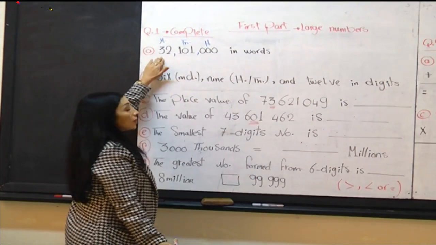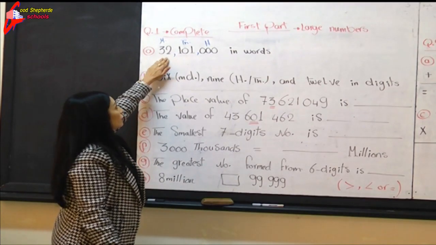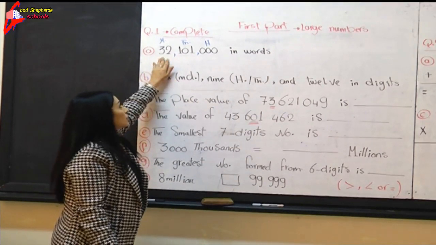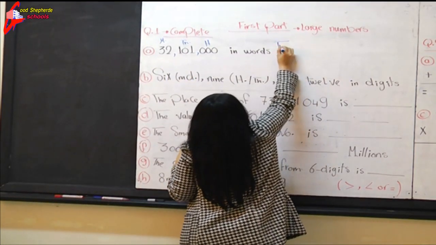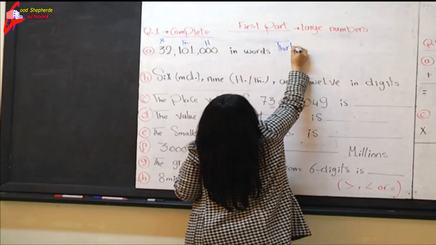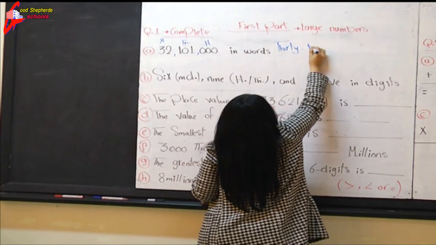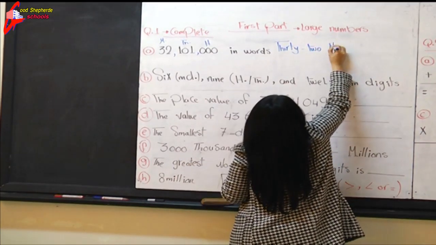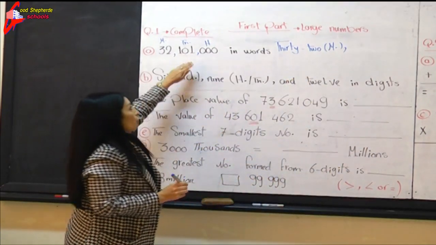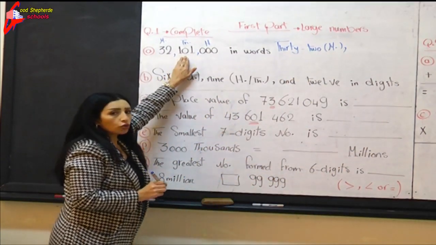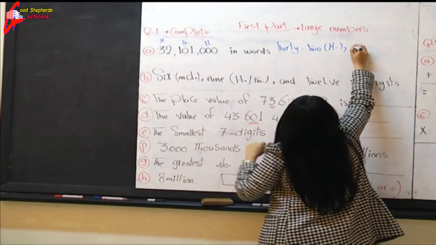Start writing from the left side, the left family. We have here 32 millions. Second part, 101,000.